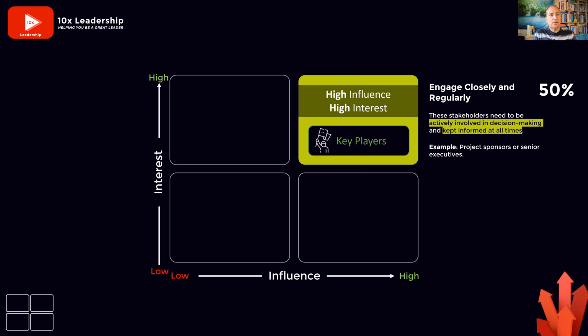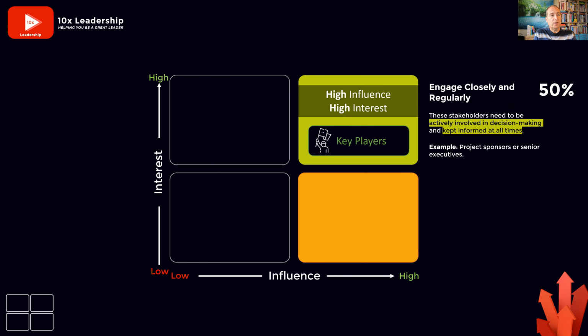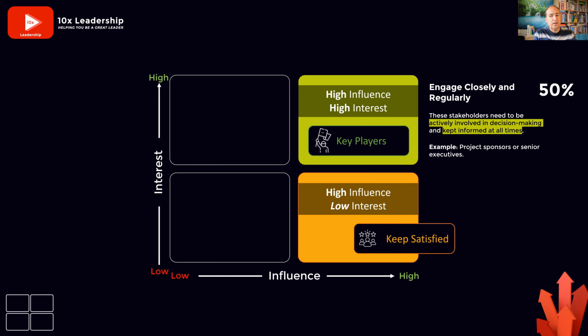The second most important group you could say is the high influence but low interest. These are people that you want to keep satisfied, because if you don't, then because they're so influential, you might not have a project or an activity to deliver.